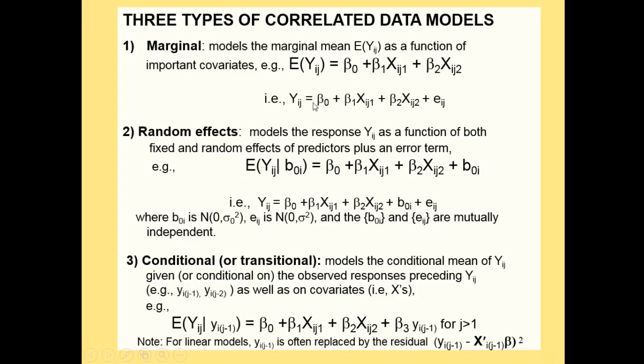And by the way, what's the difference between these two models? Does anybody see on the right side of the equal sign? What's here that's not up here? It's an error term. And why isn't the error term up here when we write the model this way?